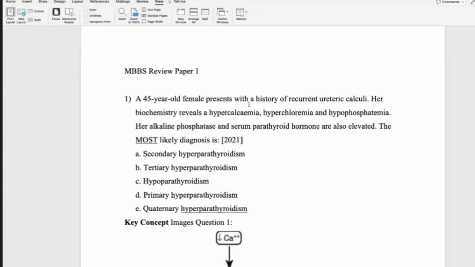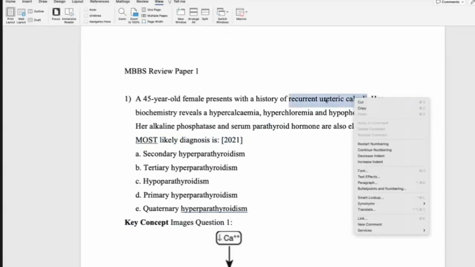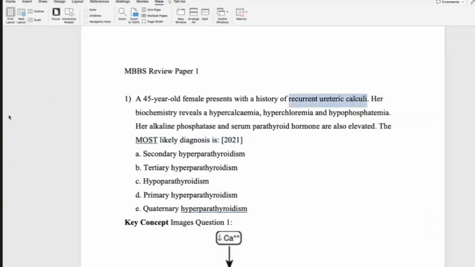To get the answer. So it says it's a 45-year-old female with recurrent ureteric calculi. So that means the patient is having some kidney stones, right? So that's basically just kidney stones. So I have recurrent ureteric calculi, and the person has high calcium in the blood, high chloride in the blood, low phosphorus, right?